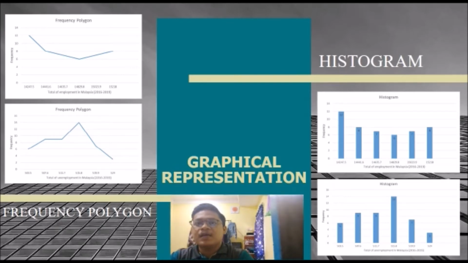But after that, the bars keep increasing from 6 to 7 and 8. For the unemployment histogram, we can see it start at 6 and keep increasing until 9. After that, it remains at 9 and then suddenly increases to 14. But after 14, it keeps decreasing from 7 until 3.